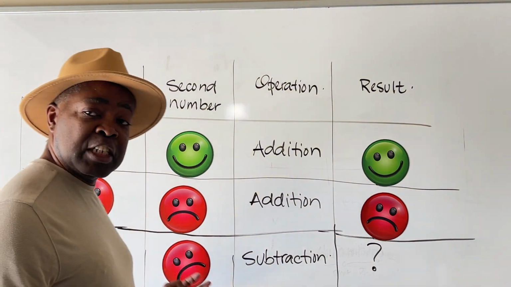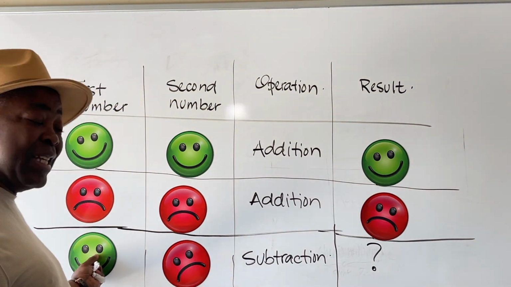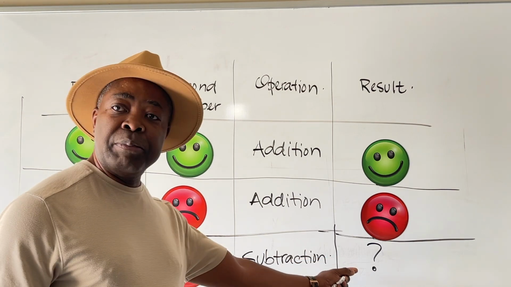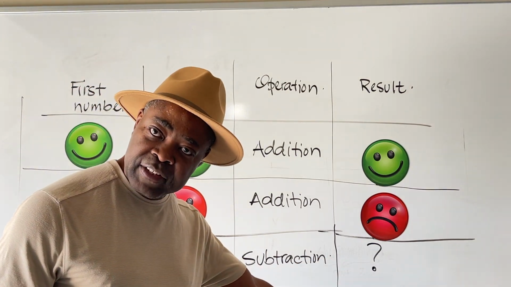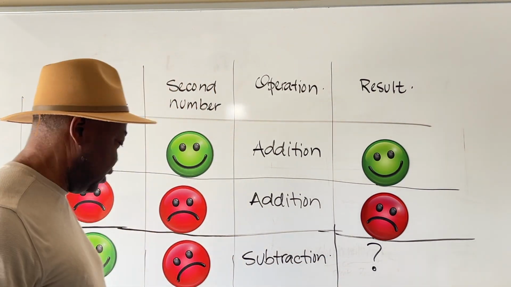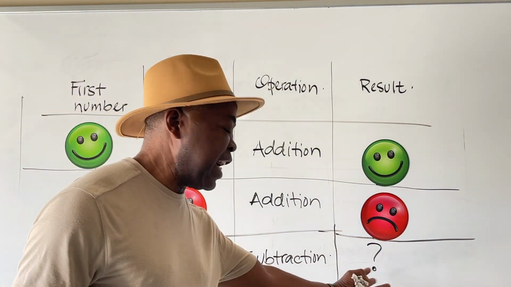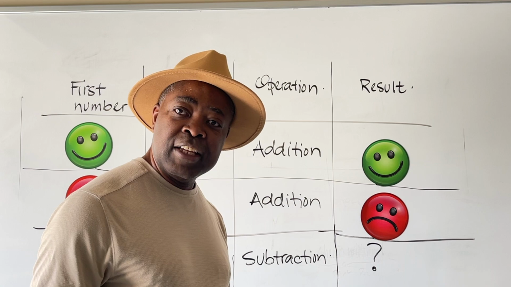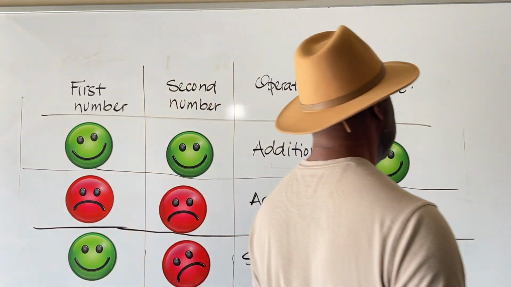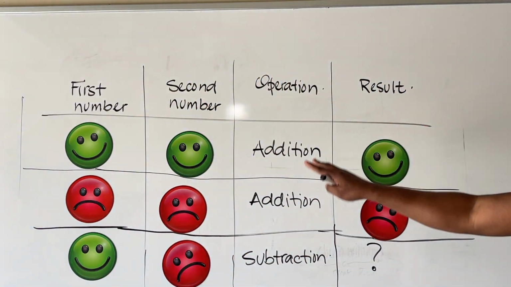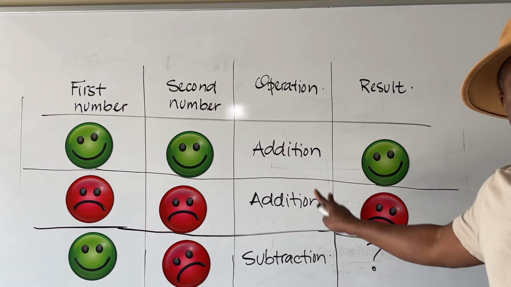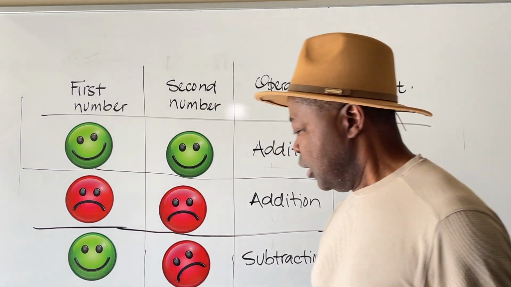If the largest number is the positive one, the result will be positive. If the largest number is negative, the result will be negative. Okay? So that's the key. Do you understand this? Yes. You understand this table? Good.